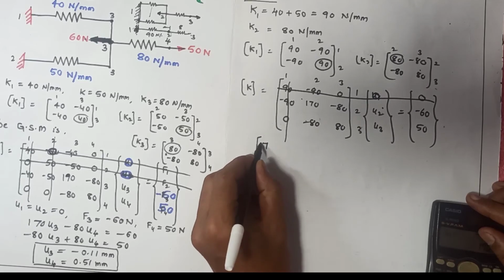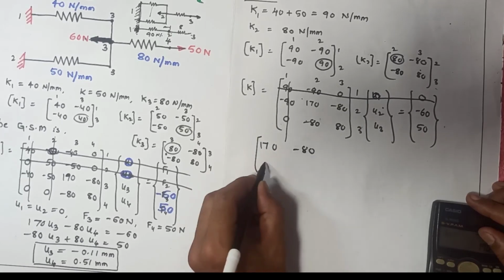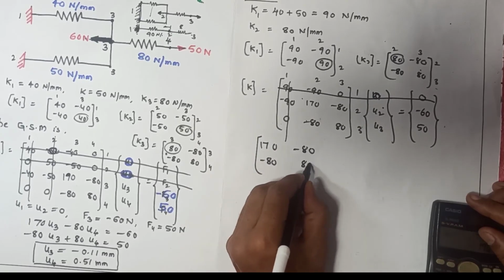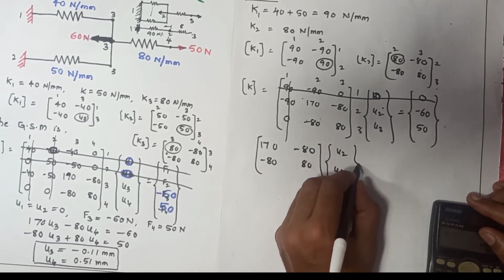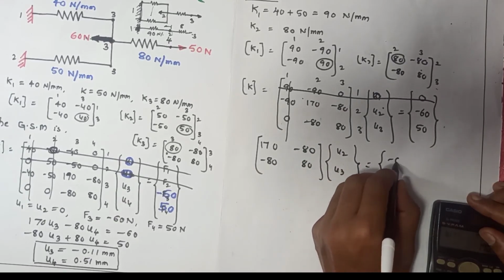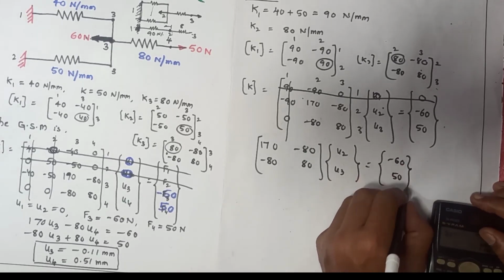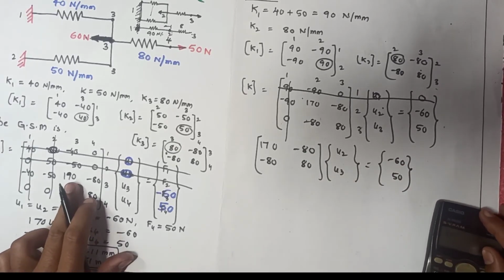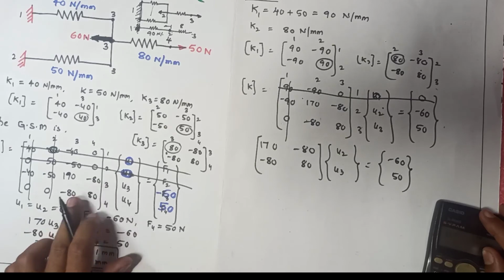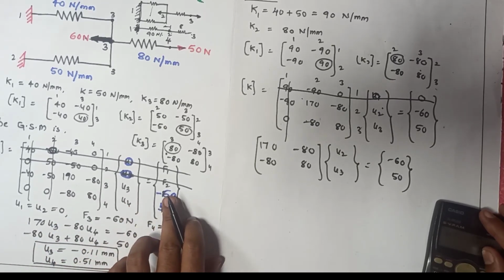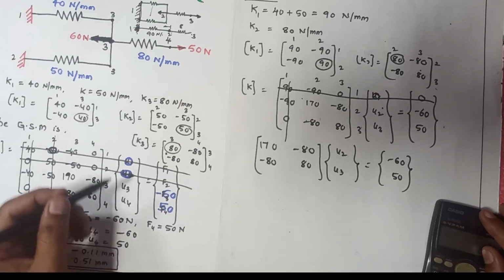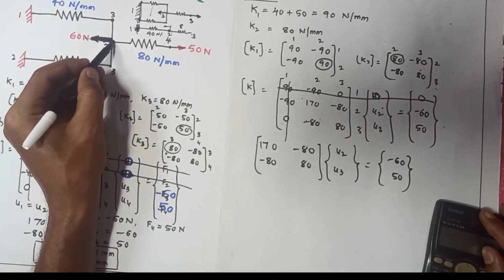The remaining matrix is 170, minus 80, minus 80, plus 80, with displacements U2, U3, and forces minus 60, 50.